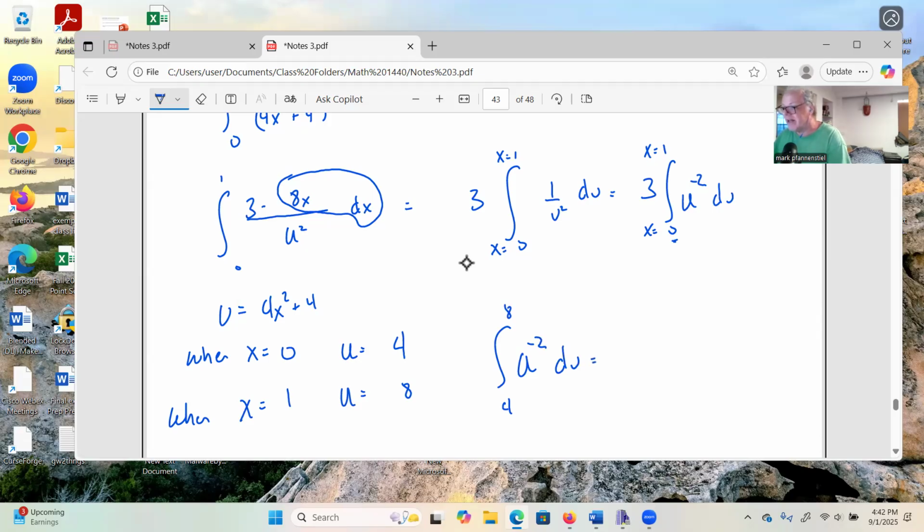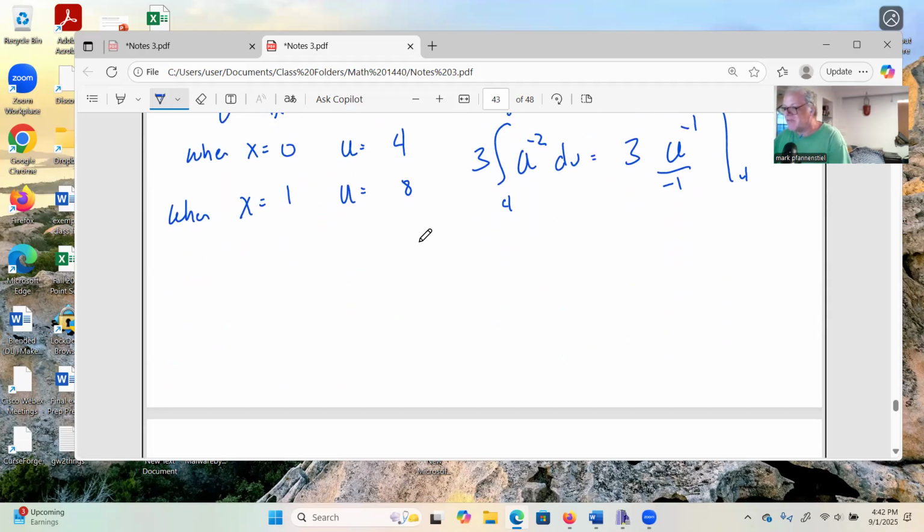Just go ahead and integrate that. And that's going to be, oh, there's a 3 up front. Forget that. So we have a 3, u to the negative 1 divided by negative 1 from 4 to 8. So this simplifies. It's negative 3 u to the negative 1 going from 4 to 8. I'm going to do one more little trick. There's a negative out in front. I'm going to swap my limits of integration.